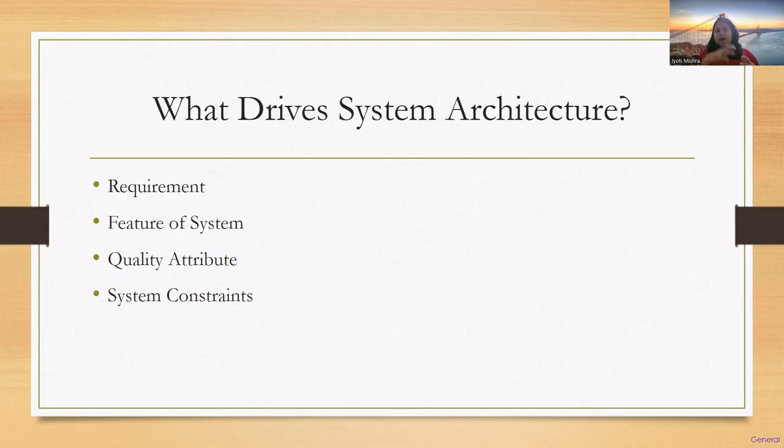Now, what is there in that requirement, we also have to understand. The first and most important thing which drives the system architecture is your requirement. Based on the requirement, you'll get the various components of the system.